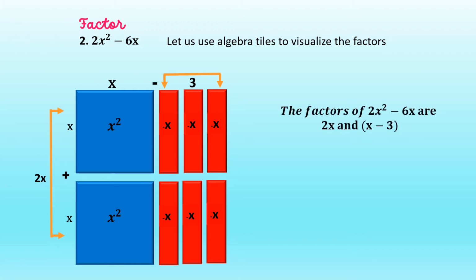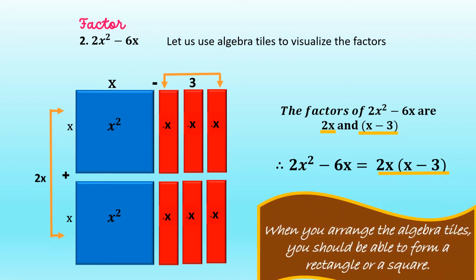The factors of 2x squared minus 6x are 2x and quantity x minus 3. Therefore, 2x squared minus 6x is equal to 2x times the quantity of x minus 3. When you arrange the algebra tiles, you should be able to form a rectangle or a square.